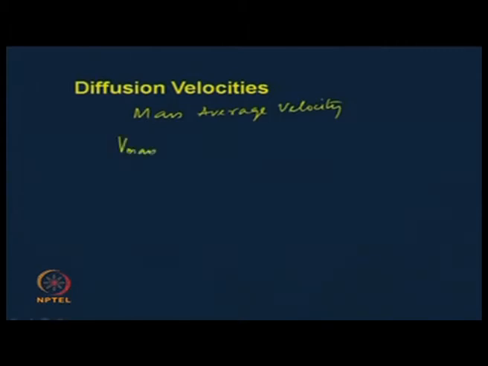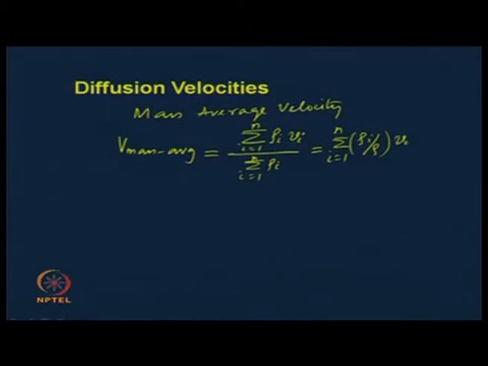V mass average is equal to summation over i equal to 1 to n of rho i V i divided by summation over i equal to 1 to n of rho i, which we can write as summation over i equal to 1 to n of rho i by rho into V i, which is equal to summation over i equal to 1 to n of W i V i.